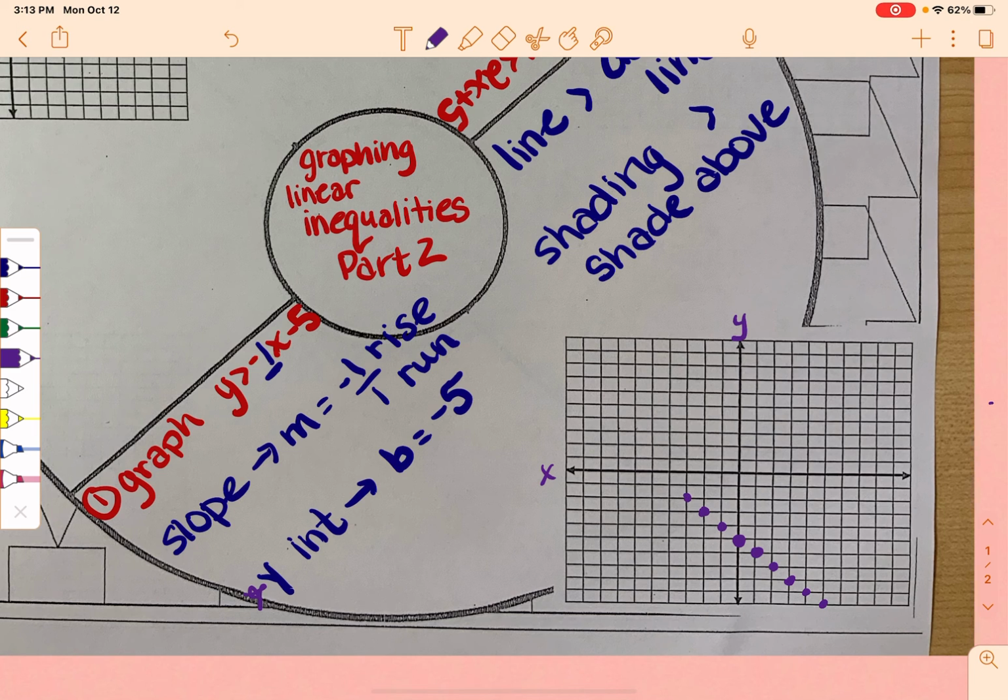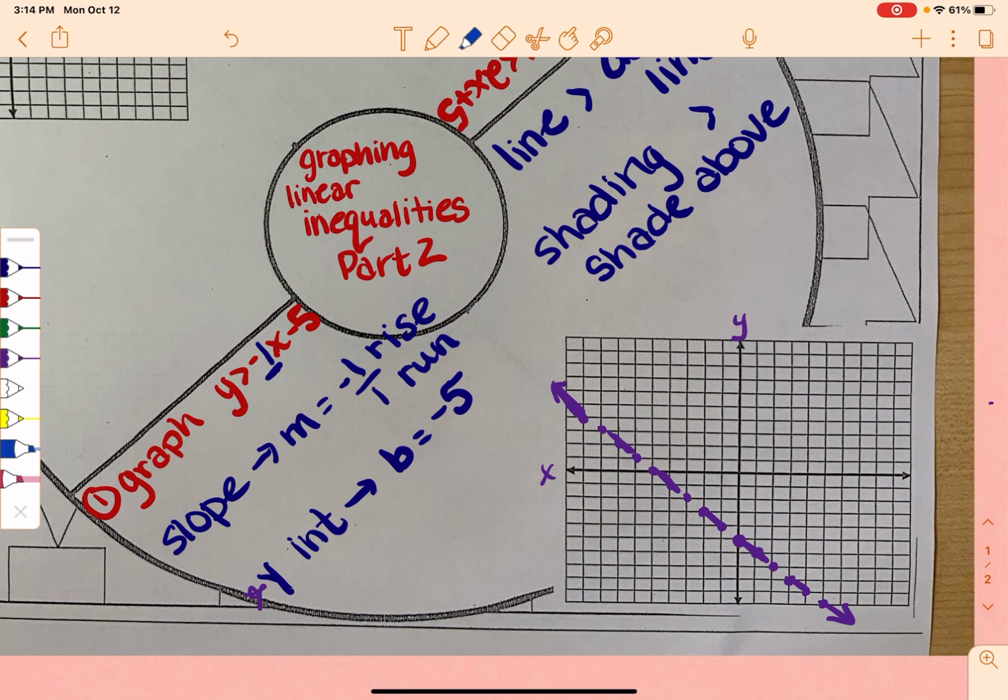Now, I tend to make a lot of points. You don't have to, but you do need at least several points or a straight edge to be able to get these, so that everything's lining up. So I have my dashed line here. And if I'm going to shade above, above would be on this side up here.